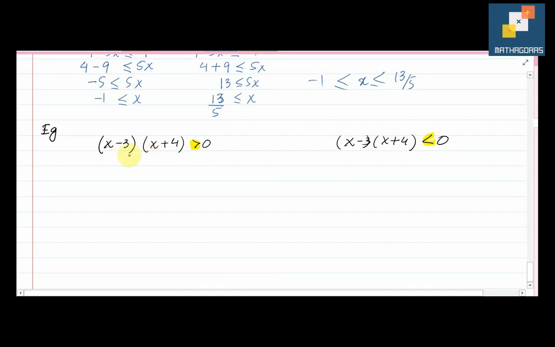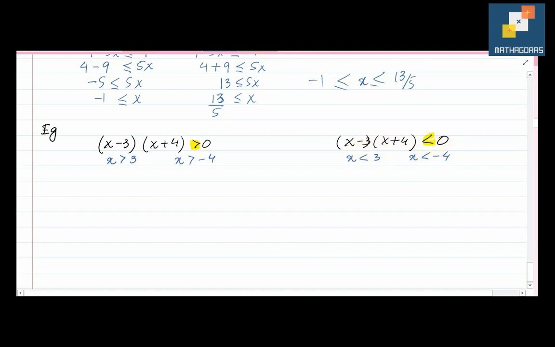Now if we equate these two brackets with 0, it will be x equal to 3 or x equal to negative 4. What I did is I just equated these two brackets with 0 one by one.